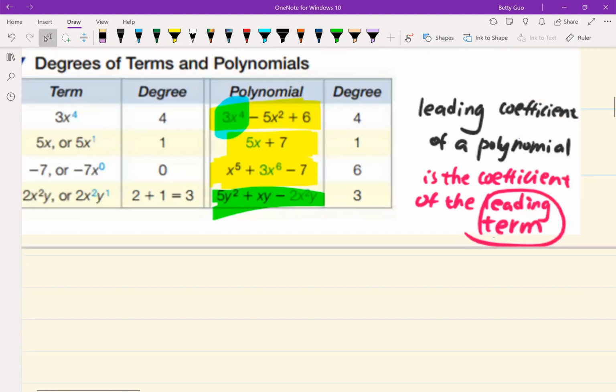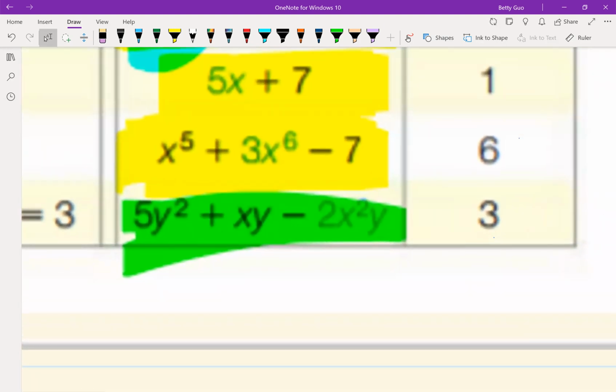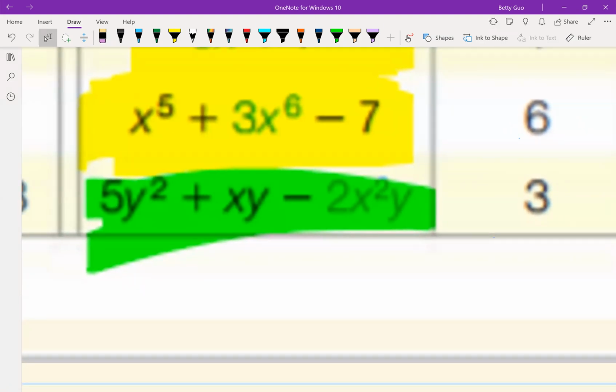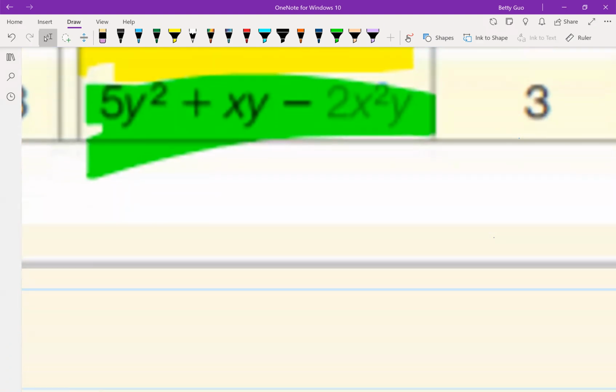It's a trinomial, yeah. What was your question?